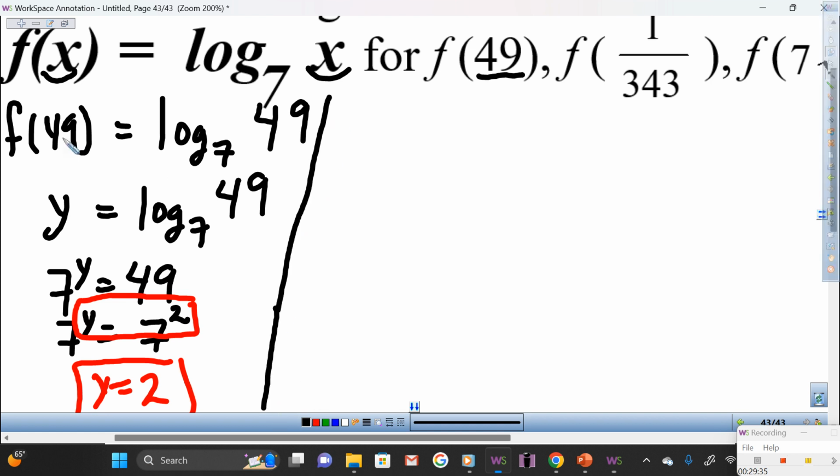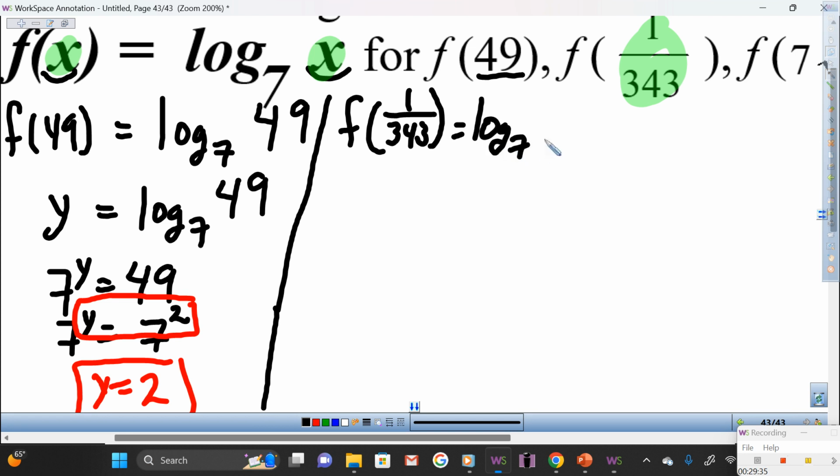But now instead of 49, instead of the x, we're going to substitute what? 1 over 343. So we write f of 1 over 343 equals log base 7 of 1 over 343. All right, so what's the first thing we do after we substitute those values in there?